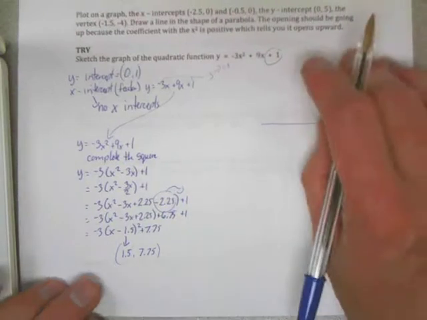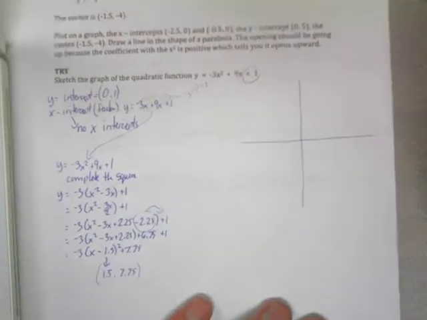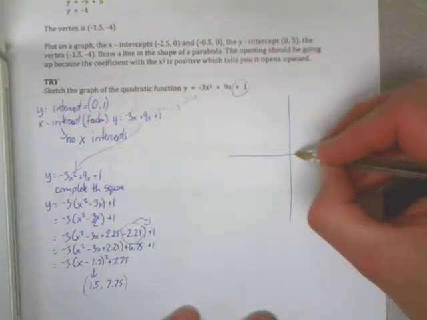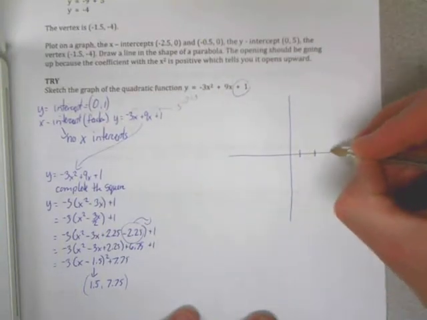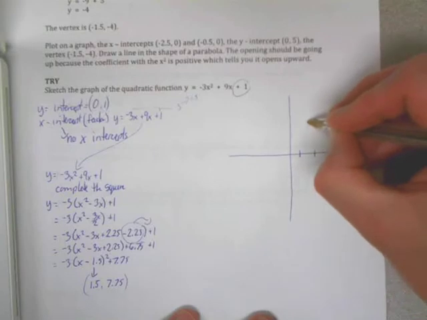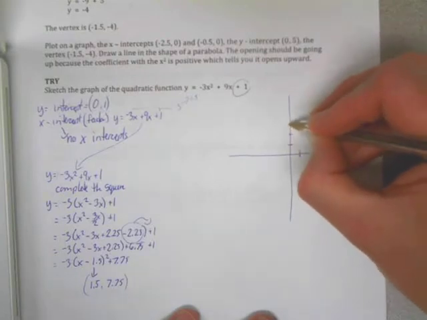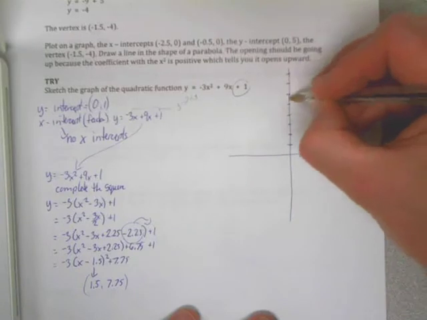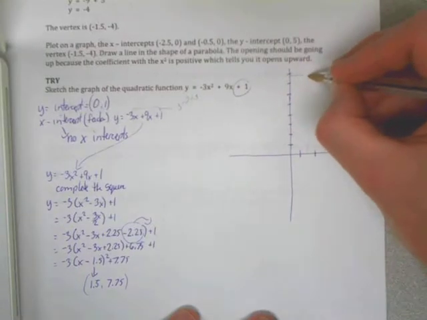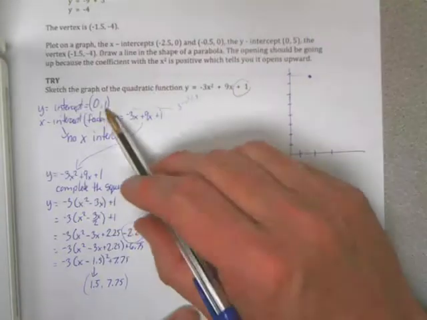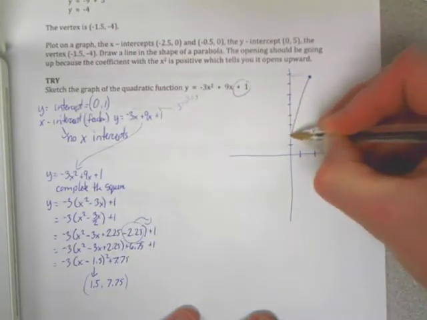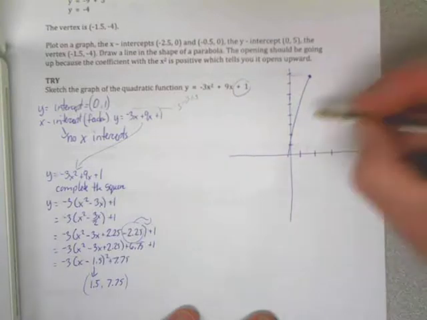So once I get that, 1, 2, 3, so 1.5 goes here. 1, 2, 3, 4, 5, 6, 7, 8, and 7.75 is here. So roughly right about there. I know it crosses the y-intercept at 1, so this is going to come down there.